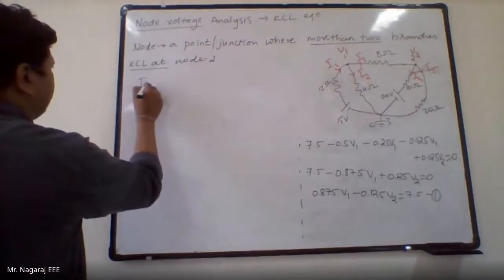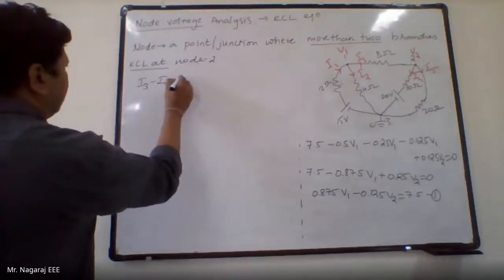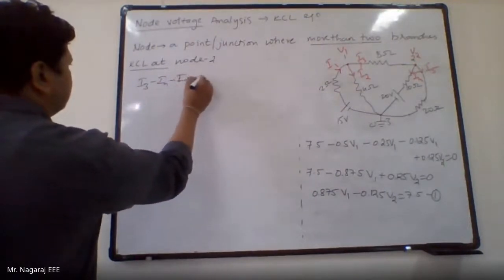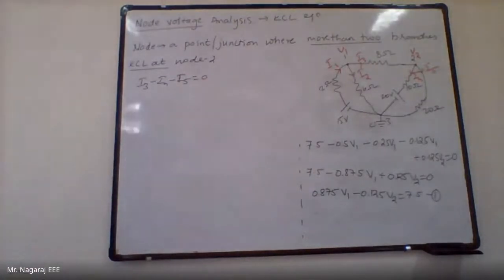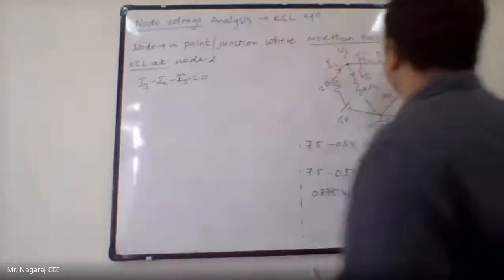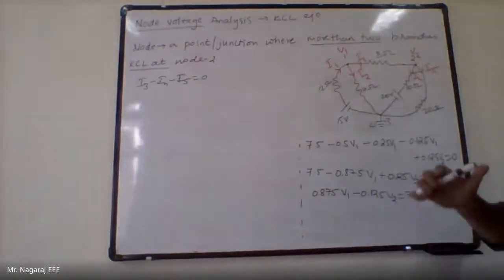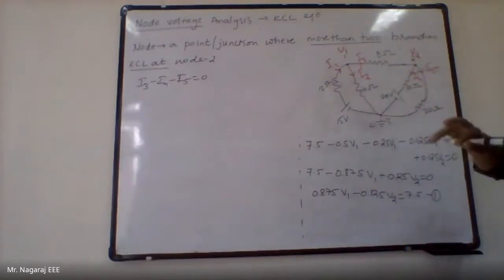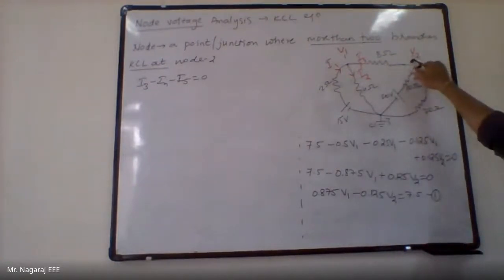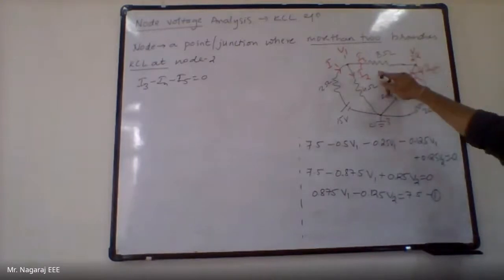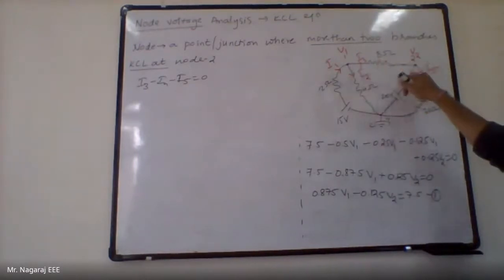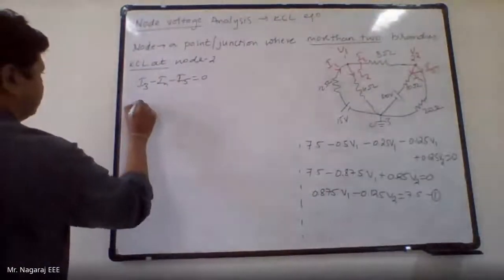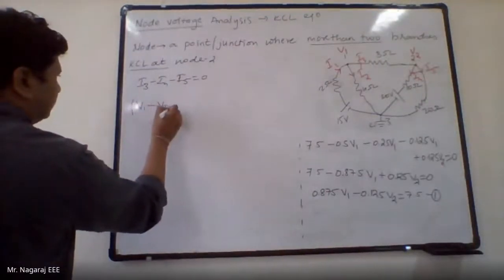So I will write I3 minus I4 minus I5 is equal to 0. Now what is I3? Now see, don't take I3 as V2 minus V1 because the direction of I3 is fixed. It is from V1 to V2. This already I have assumed. So when it comes to V2, it doesn't change. So I3 is still flowing from V1 to V2 only. Okay, so I3 is V1 minus V2 divided by 8.